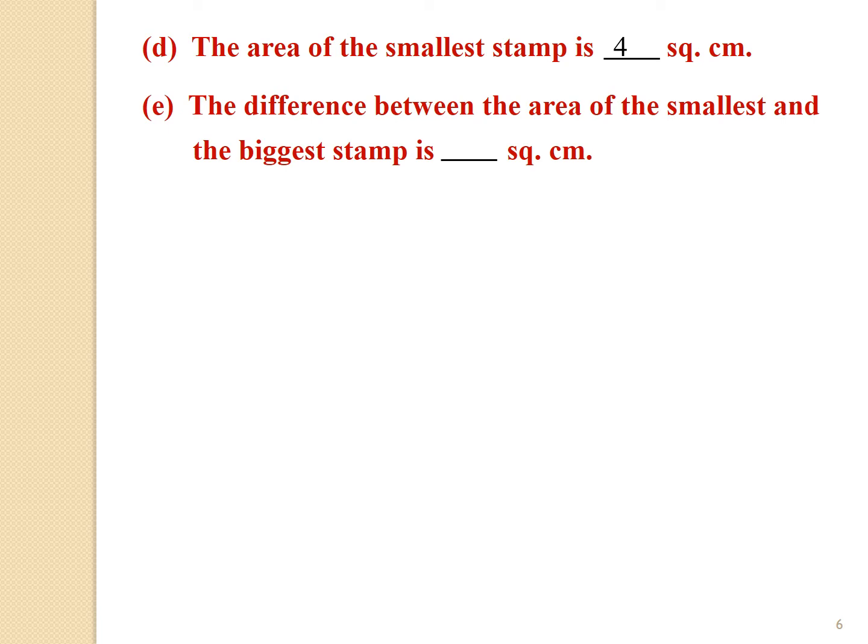So, let us subtract the area of the smallest stamp, which is 4 square centimeters, from the area of the biggest stamp, which is 18 square centimeters. Thus, subtracting 4 from 18, we get 14. Thus, the difference between the area of the smallest and the biggest stamp is 14 square centimeters.